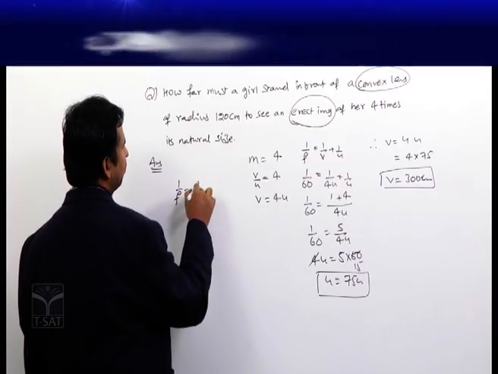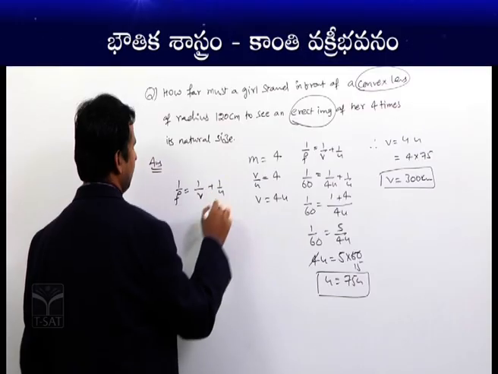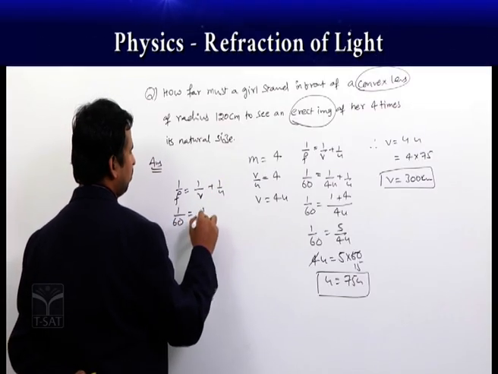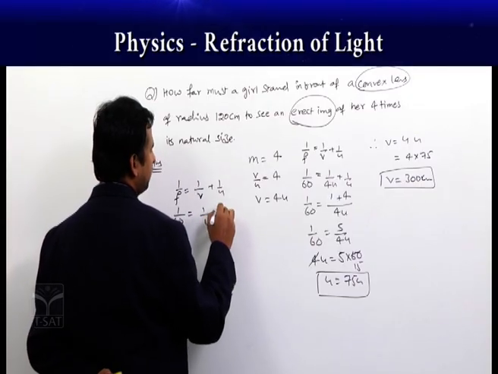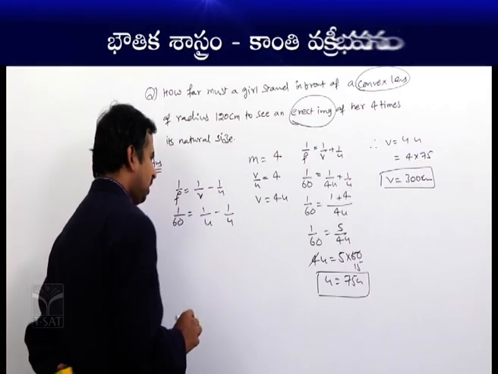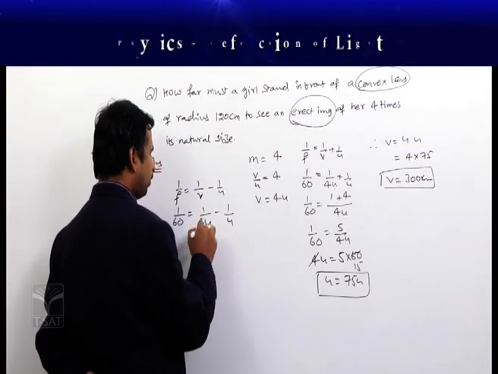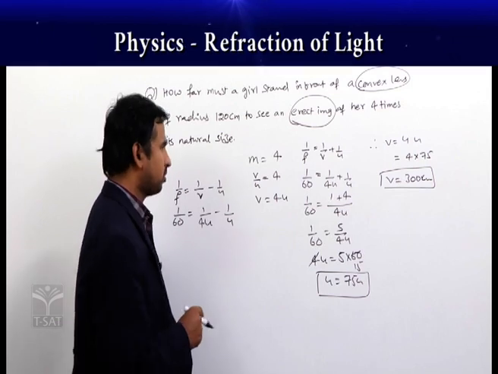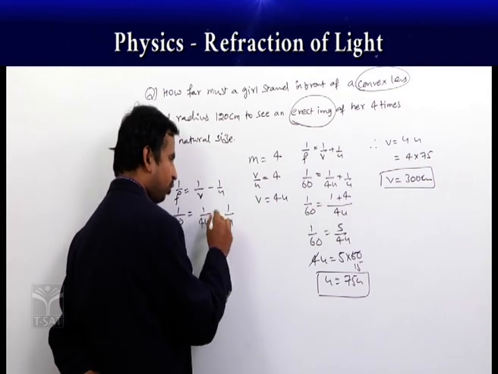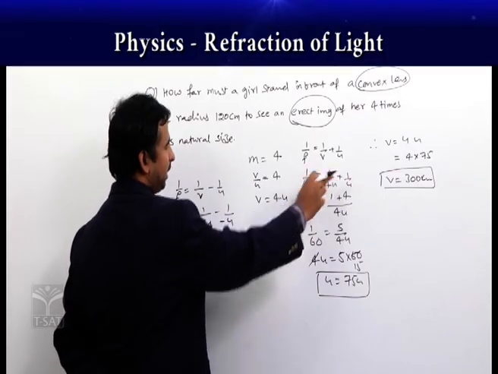Then 1 by f is equal to 1 by v plus 1 by u here. Then 1 by focal length, that is 1 by 60, is equal to 1 by v minus 1 by u. Here the image distance is 4u and the object distance is u, and if you apply the sign convention, the object distance is negative, and minus of minus becomes plus.